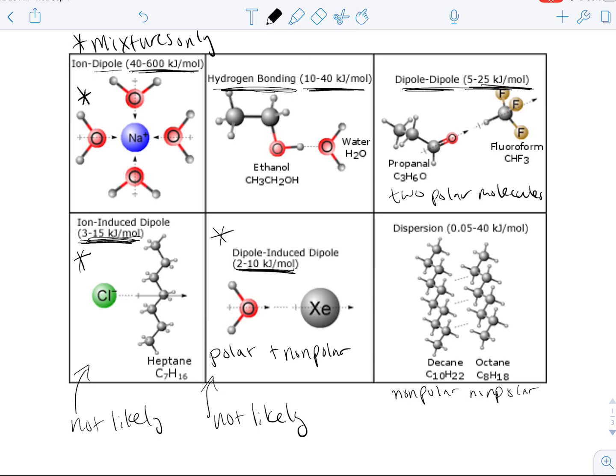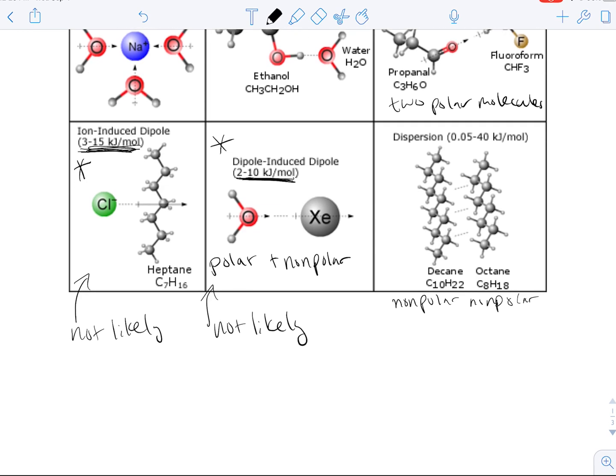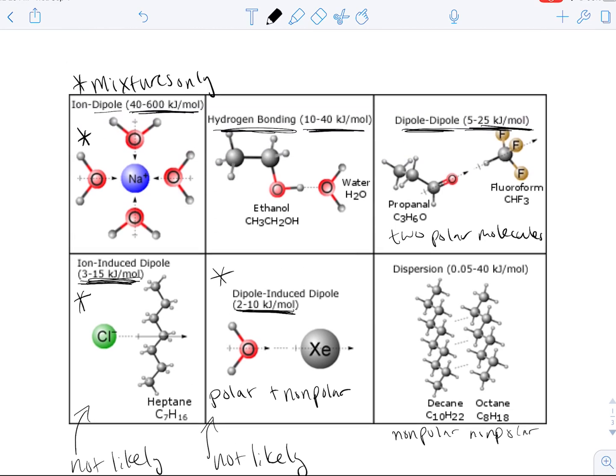But generally, if you see a solution where the only option is ion-induced dipole or dipole-induced dipole, more than likely we will not form a solution. But just about all the rest of these interactions will occur in mixtures.